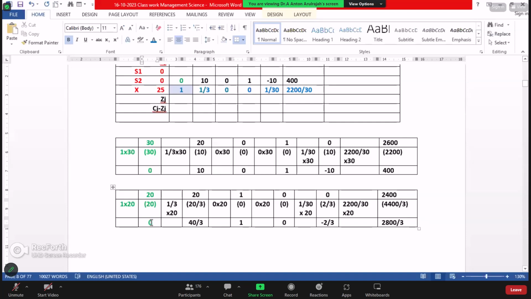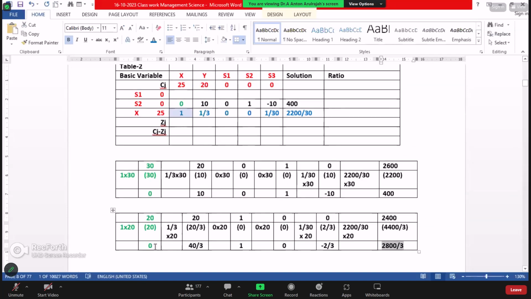Here 20 minus 20 is 0, 20 minus 20 by 3, 20 minus 3, 40 by 3. Here 1, here 0, here minus 2 by 3, here 2400 minus 4400 by 3, that is 2800.